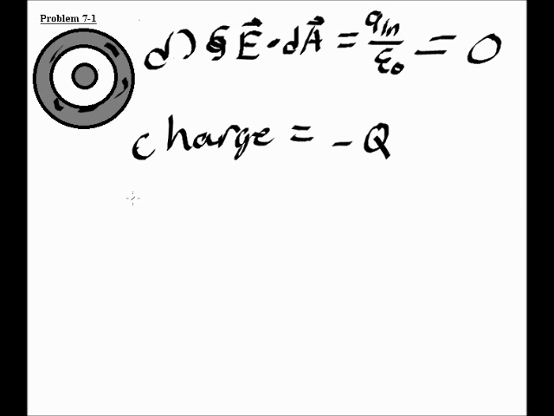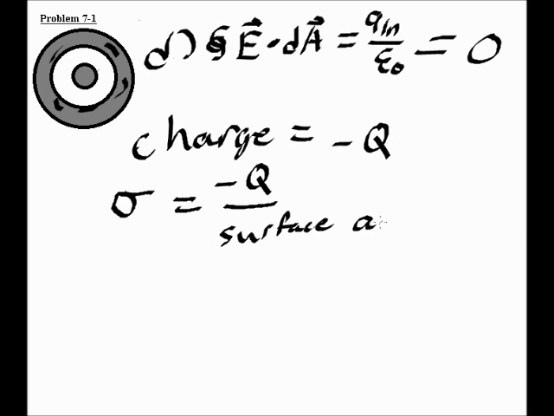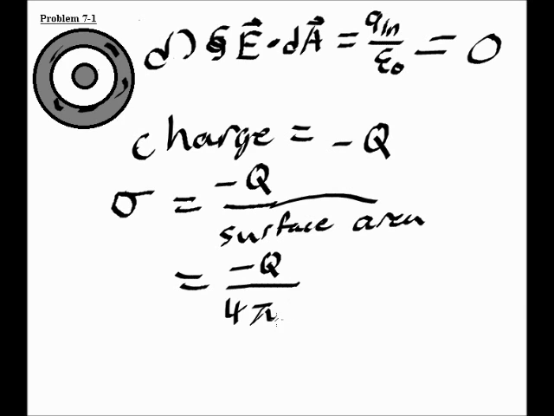So to find the surface charge density, sigma equals the total charge over the total surface area. And this equals negative Q over 4 pi, the radius squared.